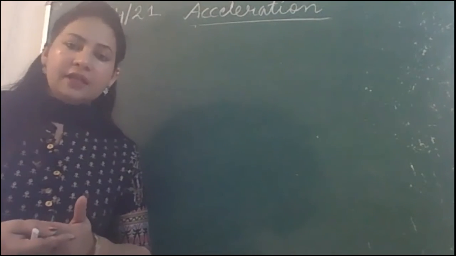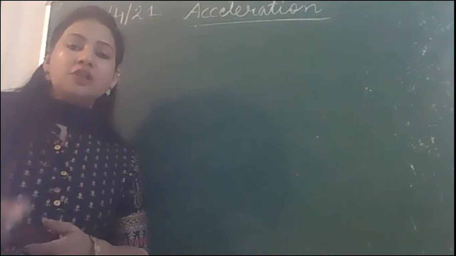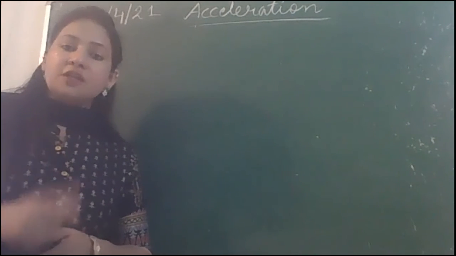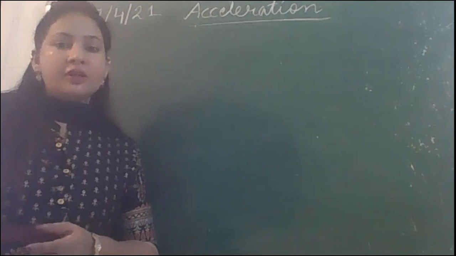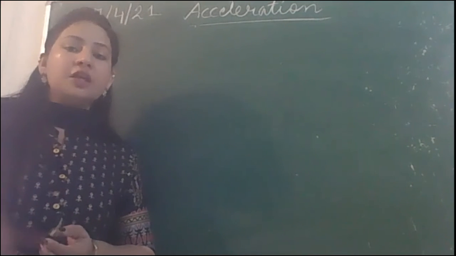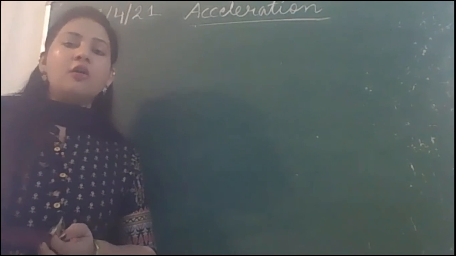It is one step further. It is the rate of change of velocity of an object. Velocity was the rate of change of displacement. One step further we go. Acceleration is defined as the rate of change of velocity of an object.